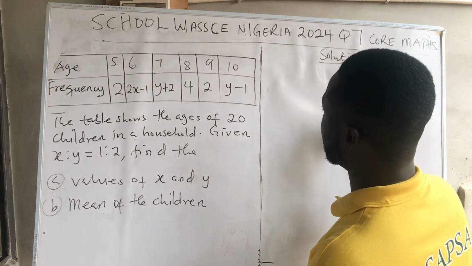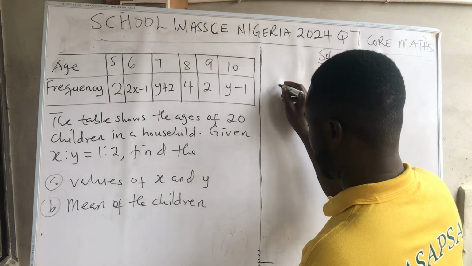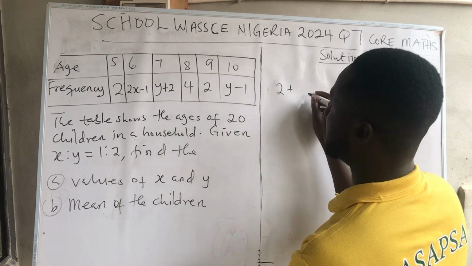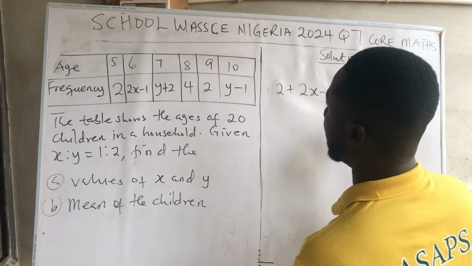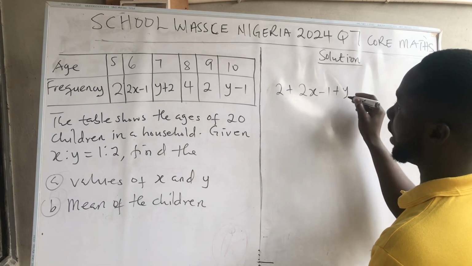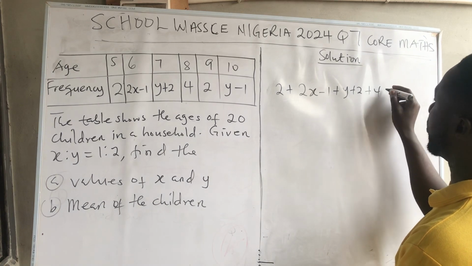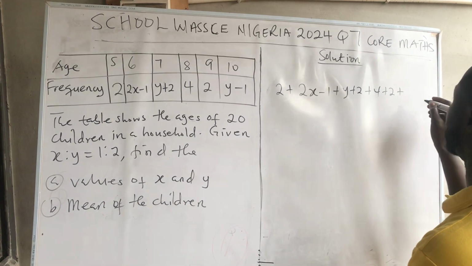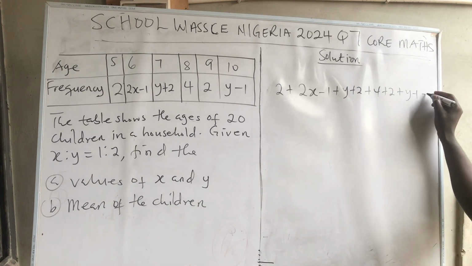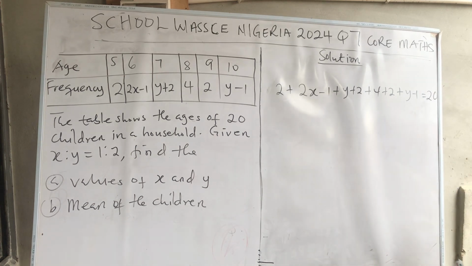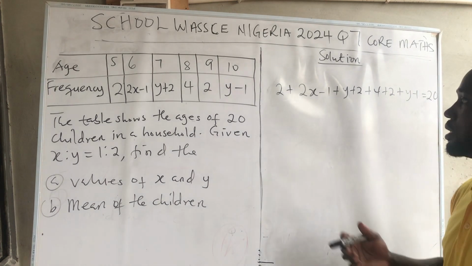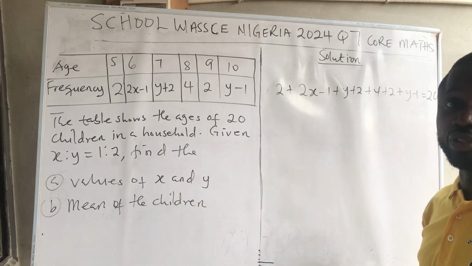So we can say that 2 plus 2x minus 1 plus y plus 2 plus 4 plus 2 plus y minus 1 is equal to 20. This is telling us that the total frequency is 20, that's the number of children.